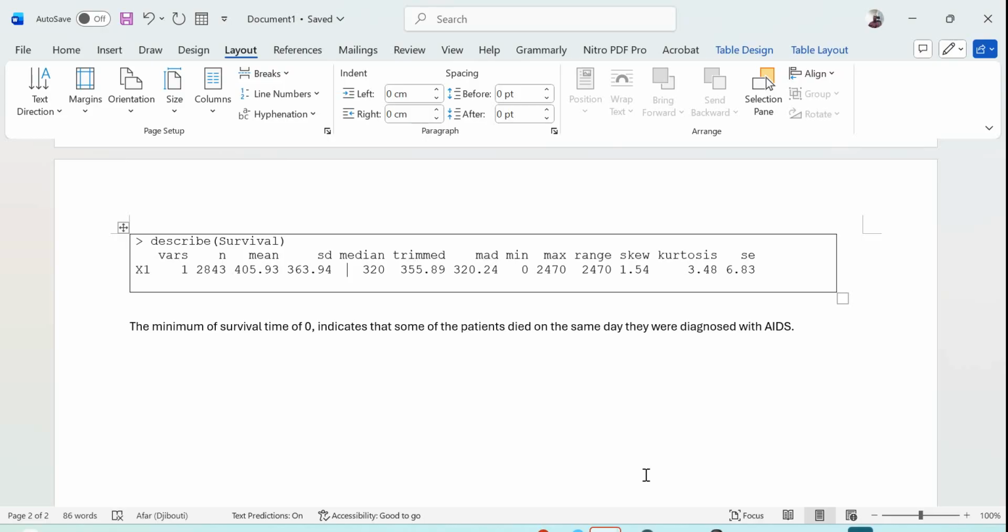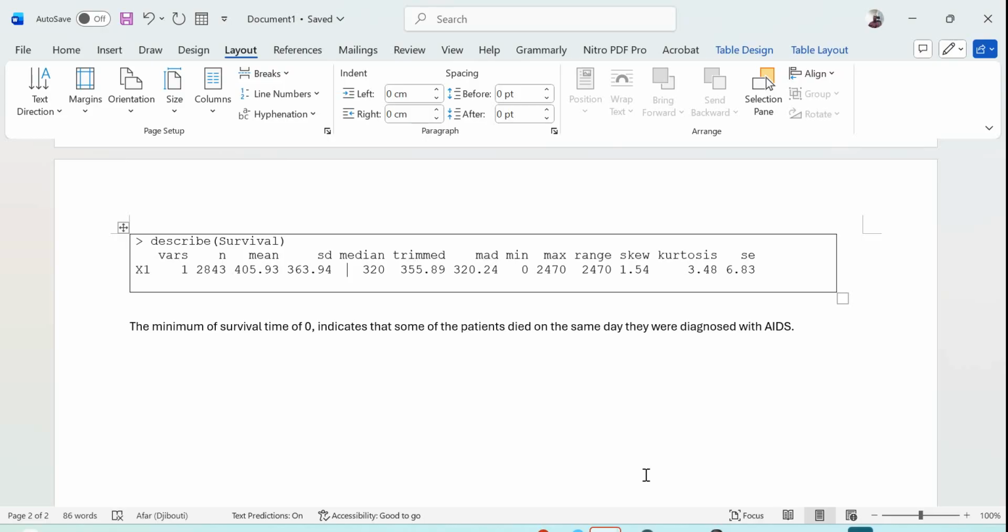We've talked about this in class. The median is lower than the mean. So what does it tell us about the data? I think the data is not symmetric.